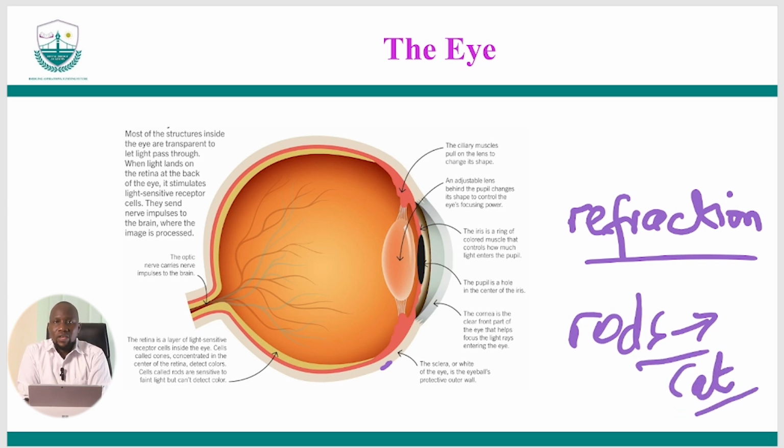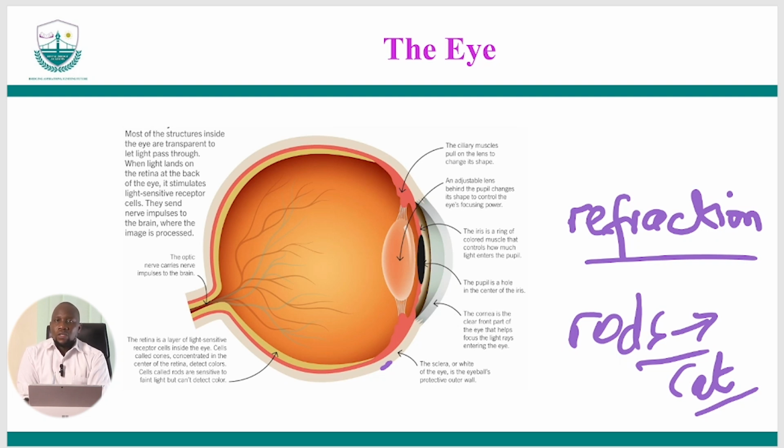The cat can see in darkness. It has good vision in darkness because it has more rods than the cones. So this is to say that the rods are good for vision in dark environments.